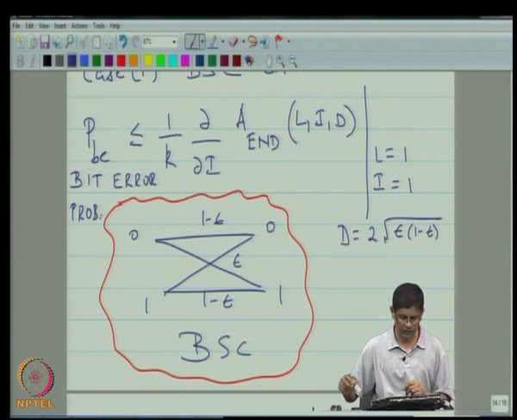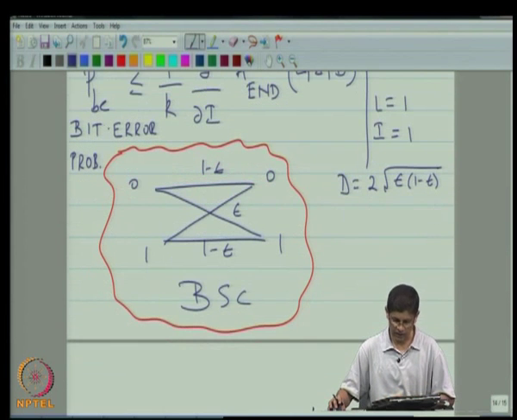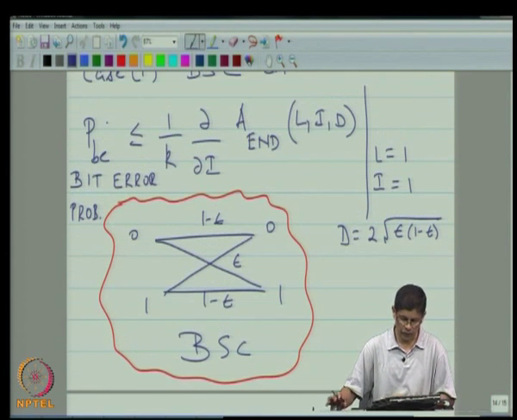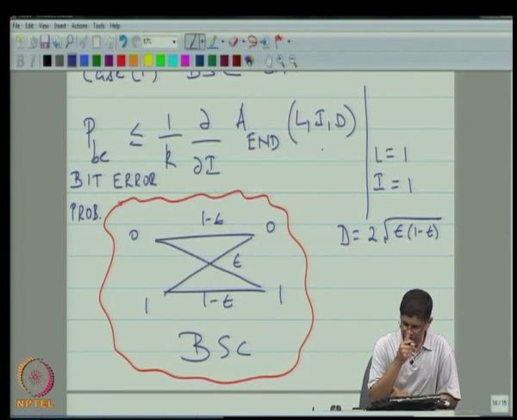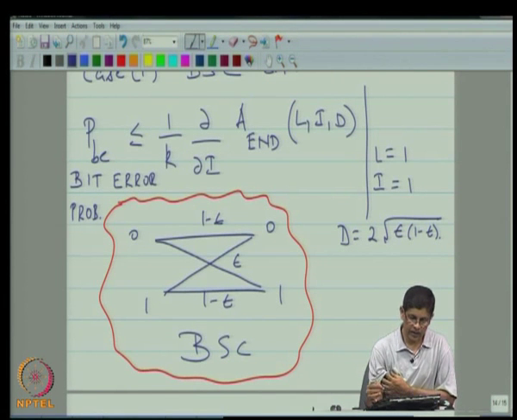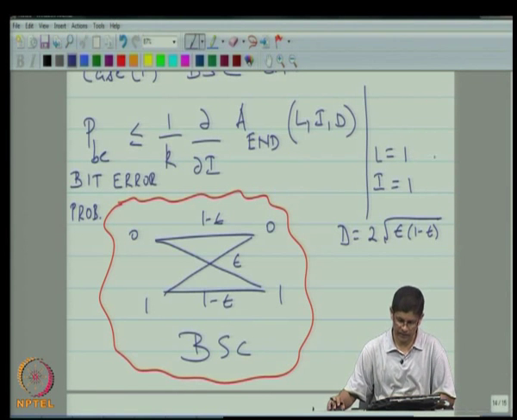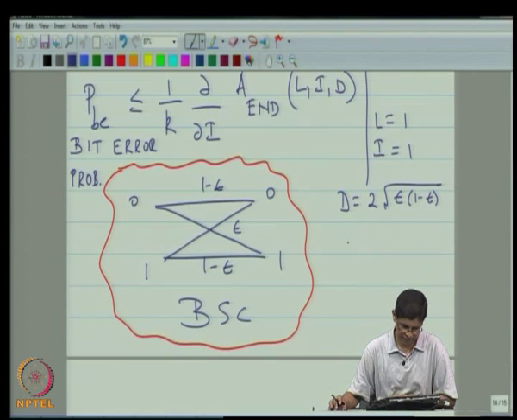Bit means message bit error probability. So, you take the derivative of A and L I D with respect to I, and then you set L equal to 1, I equal to 1, and D equal to 2 times square root of epsilon into 1 minus epsilon. Of course, since L is not involved in the derivation, you can actually set L equal to 1 to begin with, but that's okay.